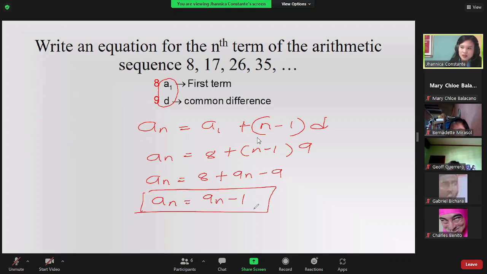So that is the equation of our arithmetic sequence. So what you only need in writing the equation is the first term and the common difference, using the formula for the arithmetic sequence to write an equation for a given specific sequence that we have. So let's have another example in writing an equation.